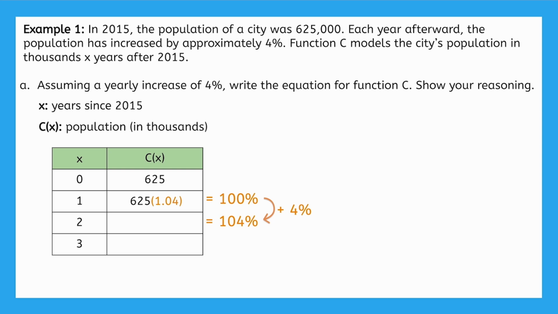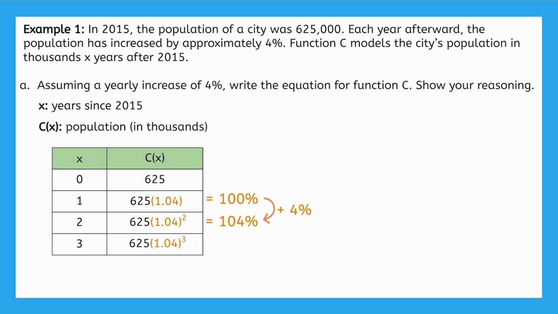We would therefore find the population of year 2 by multiplying 625 times 1.04 by 1.04 again, which can also be written as 625 times 1.04 squared. Following this pattern, at year 3, we would get 625 times 1.04 cubed.